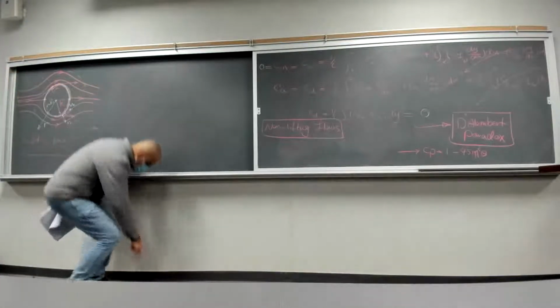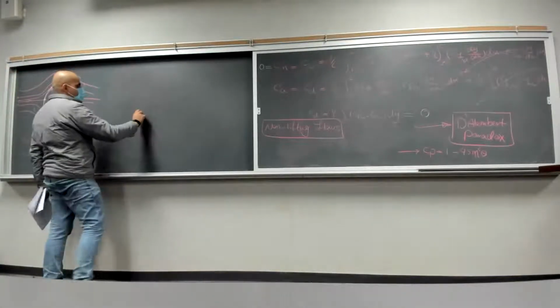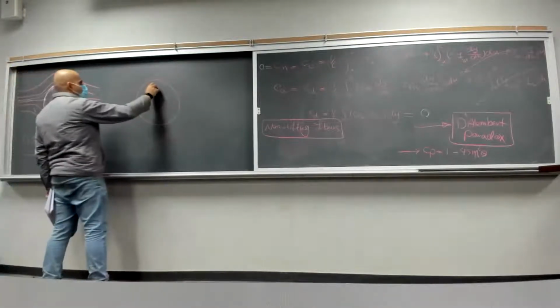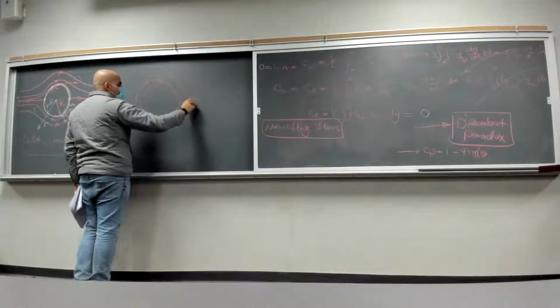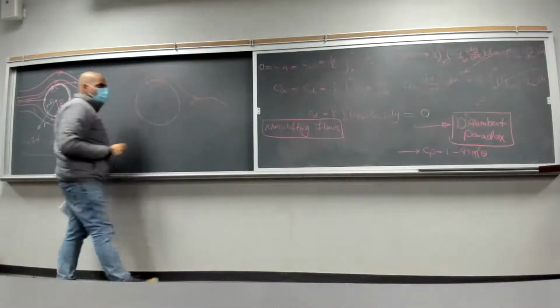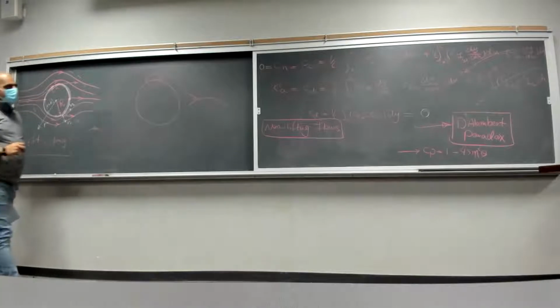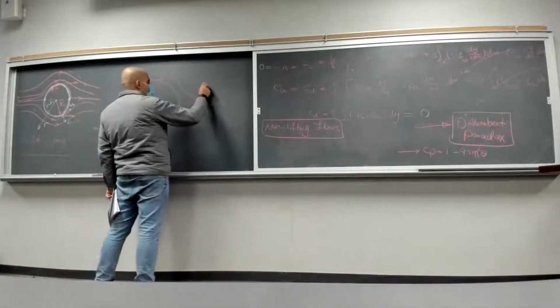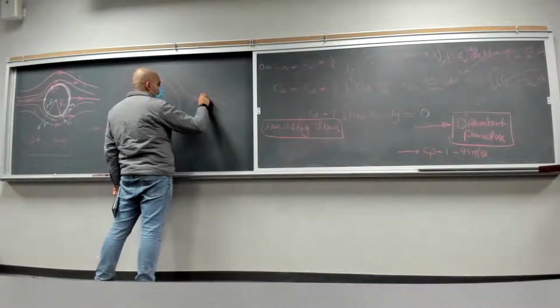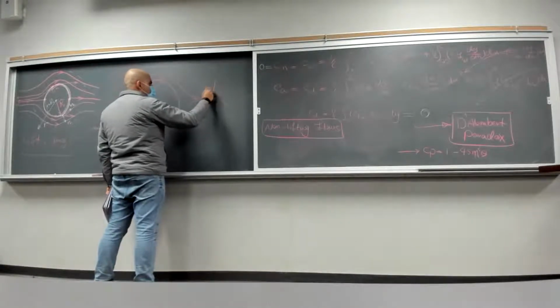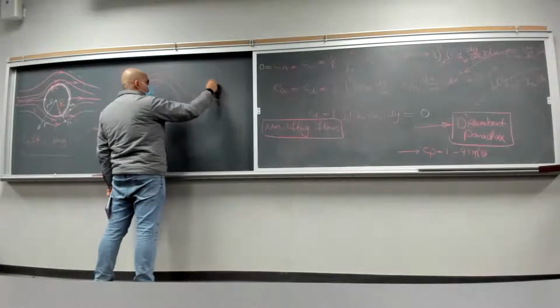So look at the flow. Let's magnify this part. How would the real velocity distribution look like? The idea was you will have a formation of something called the boundary layer, which essentially means that your velocity is going to start from 0, then it will increase, right?